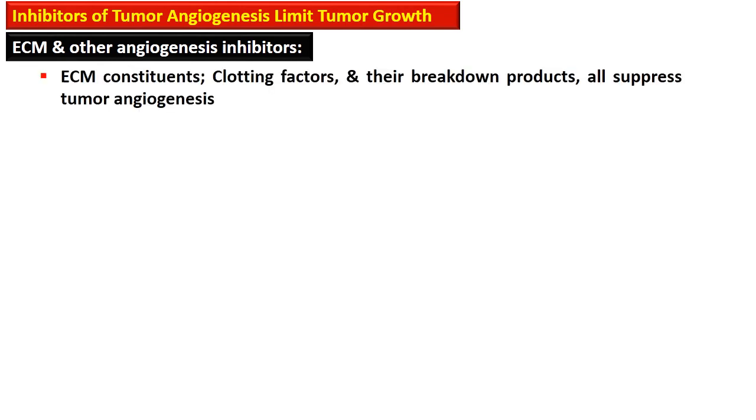The development of angiogenesis within the tumor and its metastatic foci is responsible for tumor growth. This can be limited by suppression of tumor angiogenesis. This can be achieved by extracellular matrix components and other angiogenesis inhibitors.